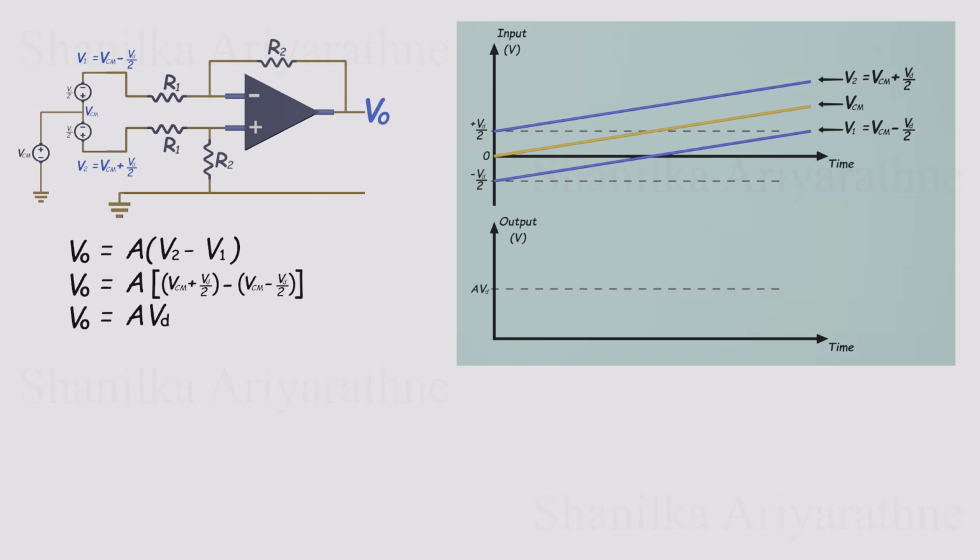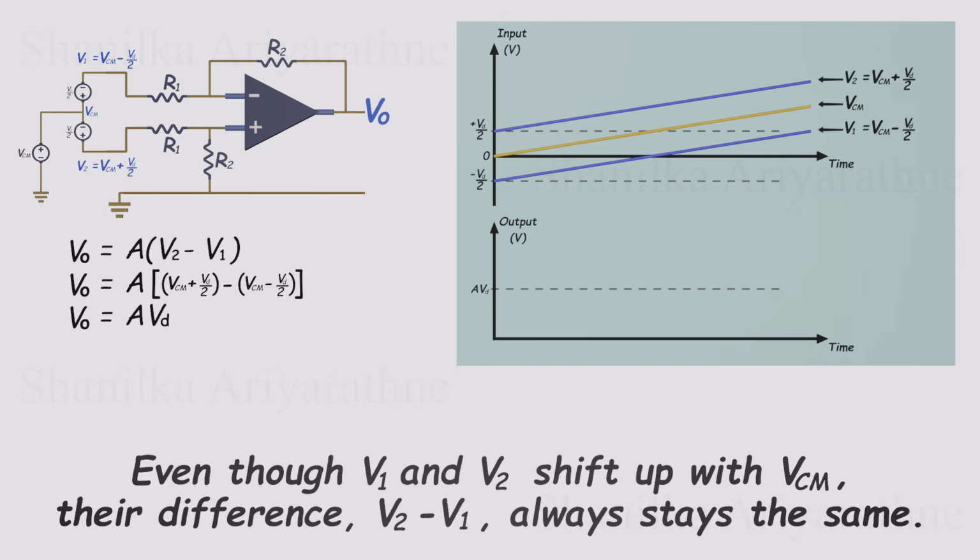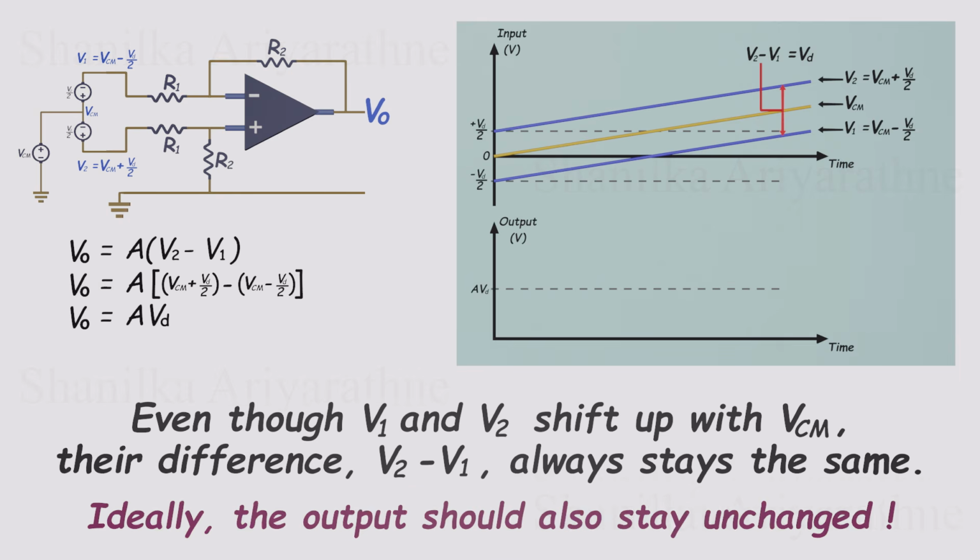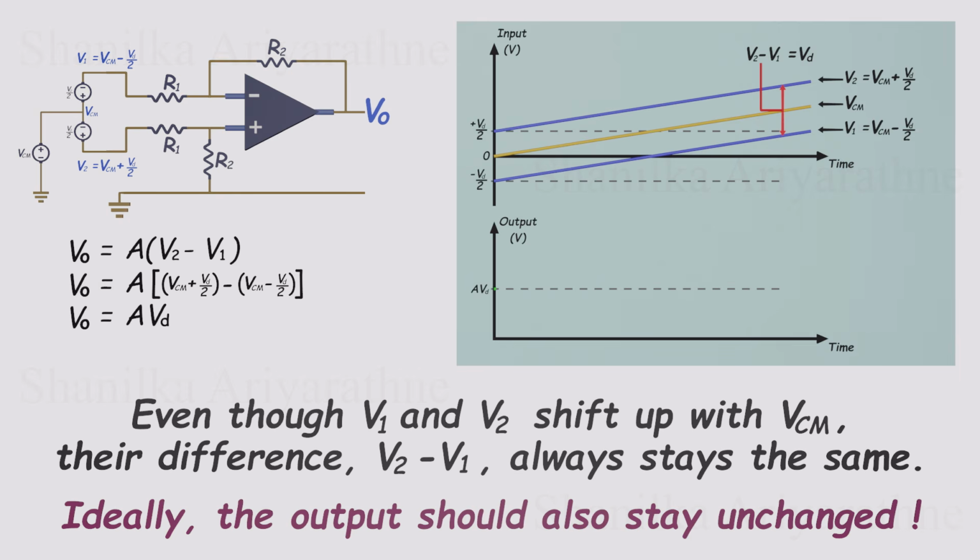And here's the key. No matter how high they go, the gap between them, V2 minus V1, never changes. That means, ideally, the output should also stay unchanged, always the gain times VD. If we plot the output, it should appear as a perfect flat line. So far, everything looks neat and perfect.